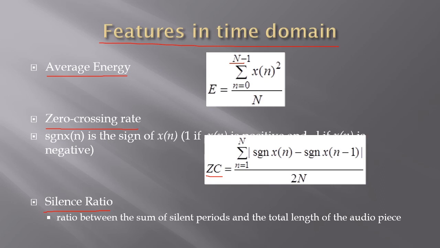So the equation here means that to calculate E, we have to add from sample number 0 up to sample number 799. For each sample, we square the values. If sample number 1 has value 1, then we square it to get 1.